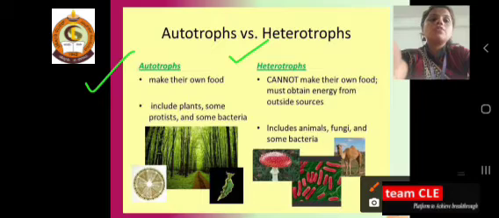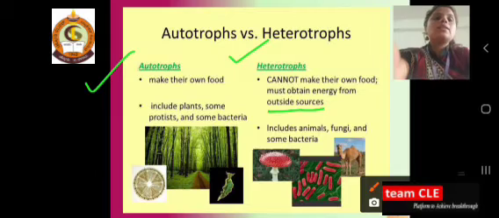Now the second mode of nutrition is the heterotrophs. Heterotrophs cannot make their own food; they must obtain energy from an outside source. Some plants and animals depend upon other living organisms for their food.